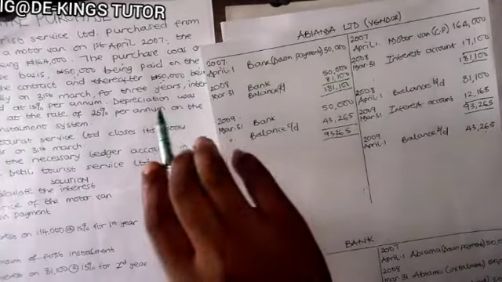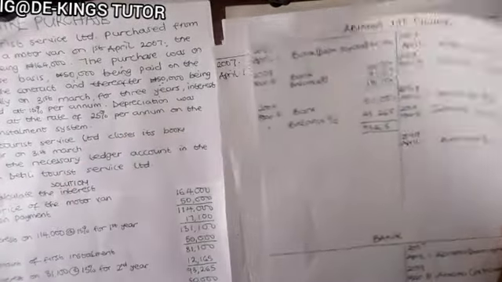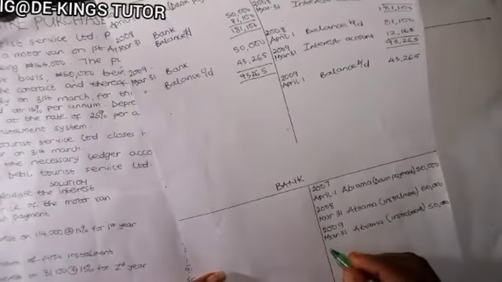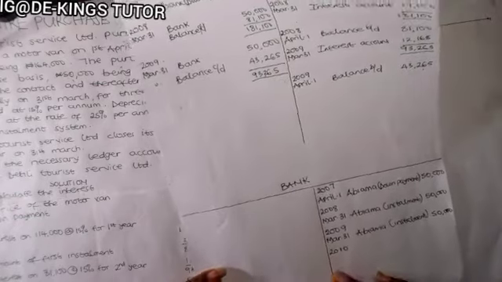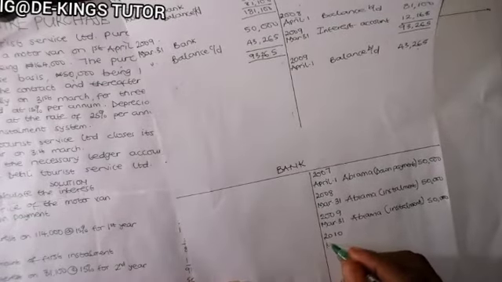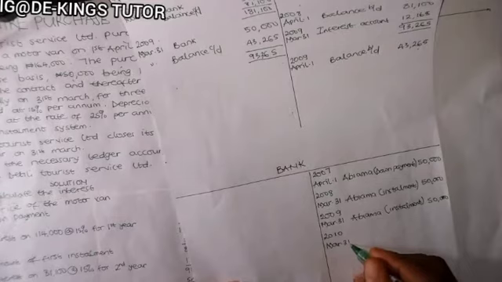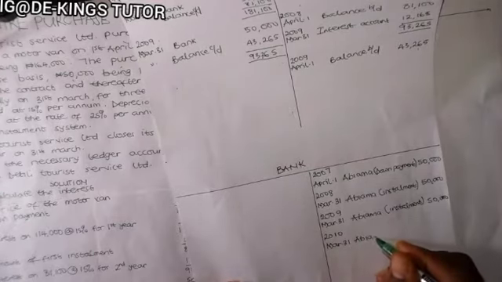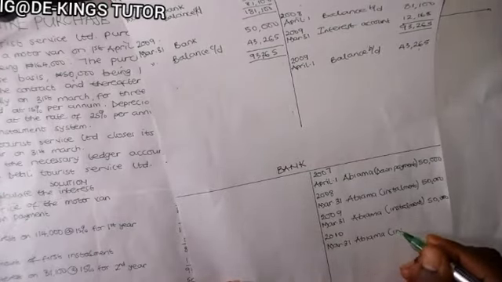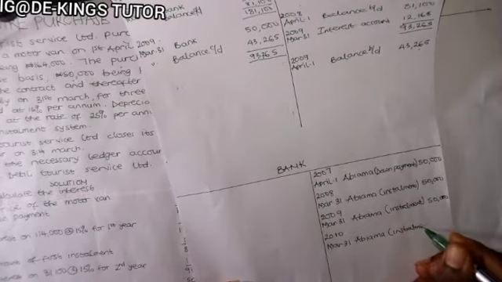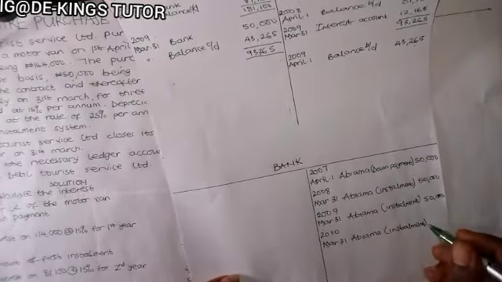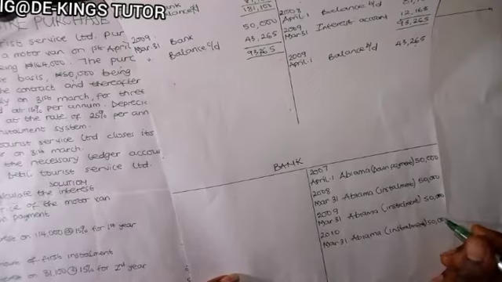Now the third installment, because they said it's for 3 years. Now the third installment will now be 2010, March 31st. That's from the bank, that's Abiama, which is installment. The amount is 50,000.